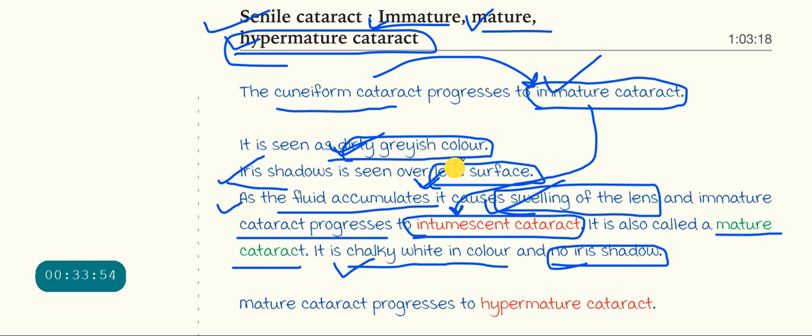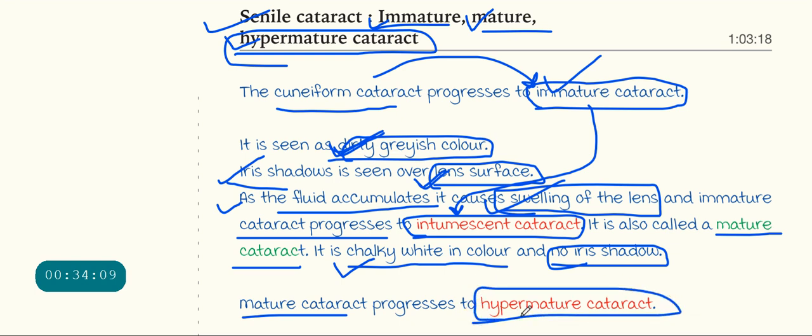Now the mature cataract further progresses to hypermature cataract. So basically these are the steps of senile cataract.